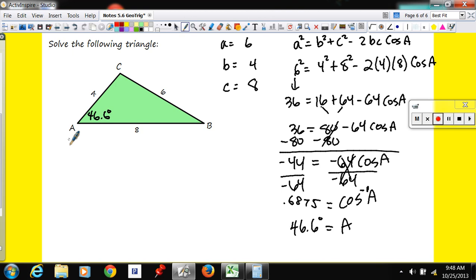Now I have angle A is 46.6, and I have little a. So that tells me I can do what to solve for the next angle? I've got angle A and little a. Now I can use law of sines, which is much easier because it's just a fraction. So it's going to be the sine of 46.6 over the 6 equals, let's go to angle B next, sine of B over 4.